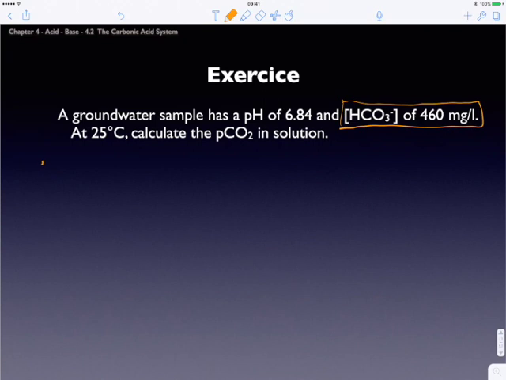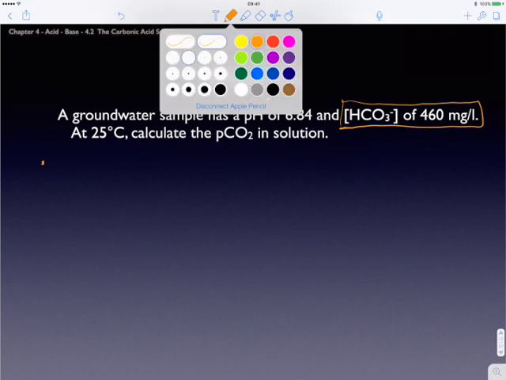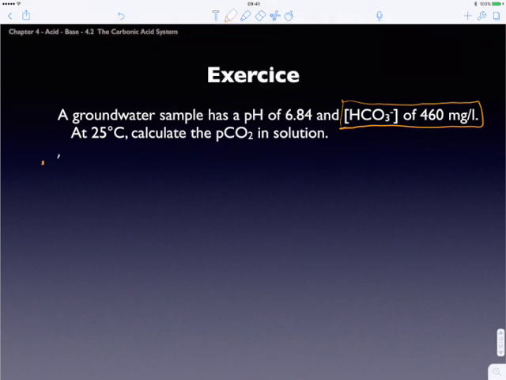So the first step would be, taking the white again, to have 460 milligram per liter. 1 mole of HCO3 equals 61 gram. You can check that on your periodic table. The molecular weight for H is 1, carbon is 12, and oxygen is 16. So 3 times 16, 48, plus 12, 60, plus 1, 61.